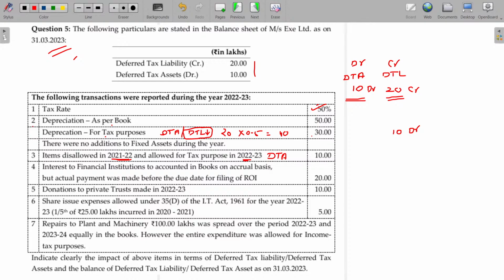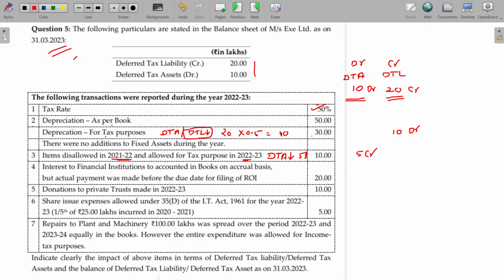So, as income tax purpose, you are debiting, the expenses will be higher, profit will be lower, and tax is being saved. How much is that? 10 into 50%, 5 lakhs is the savings. This is nothing but reversal of DTA. Is that okay? 5 crores credit.